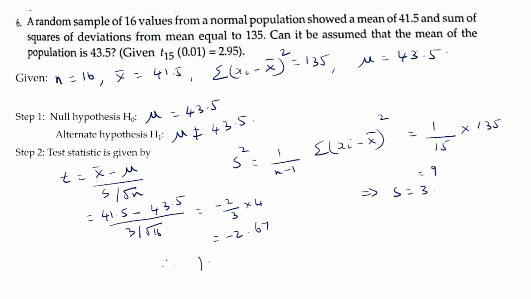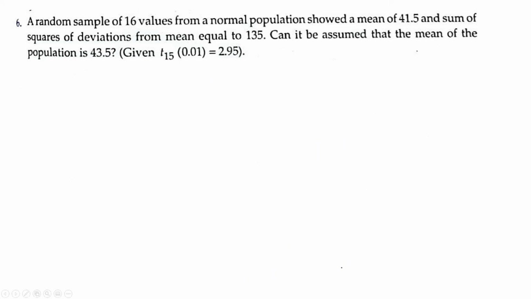Therefore, mod T equal to 2.67. So here we can see that the calculated value is less than the table value. 2.67 less than 2.95. So we can write the next step, step 3, mod T less than tabulated value.